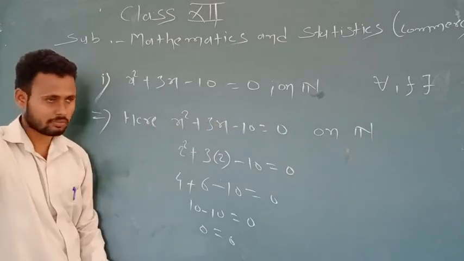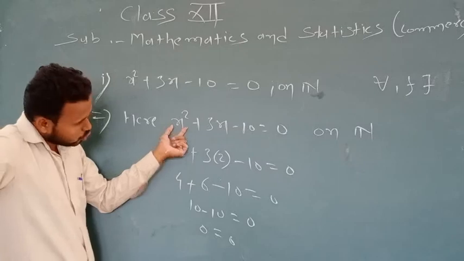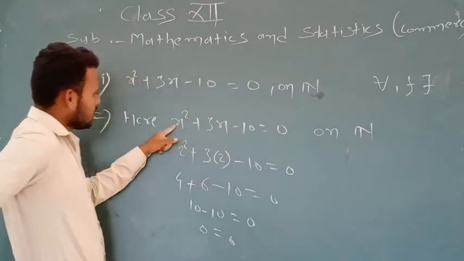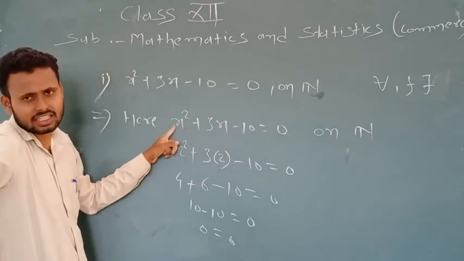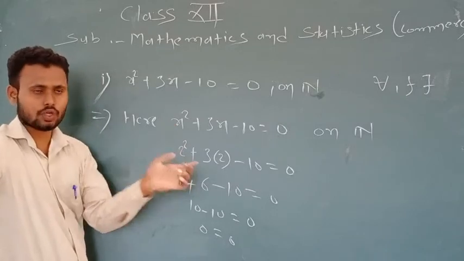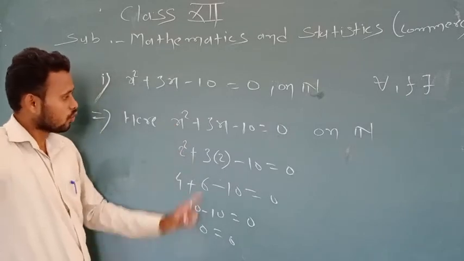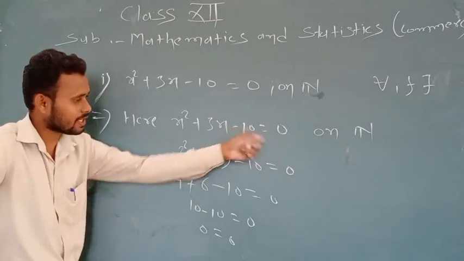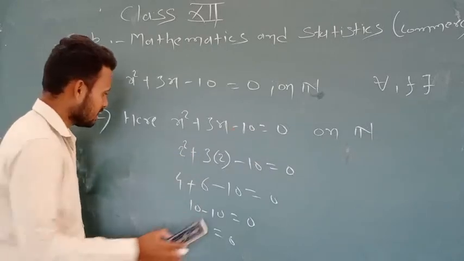x belongs to natural number, but 2 सोडून जर दुसरा कोणताही नॅचरल नंबर इथे घेतला तर इक्वेशन सॅटिस्फाईड होत नाही. Means there are infinite natural numbers, 1 up to and so on. Among that only one natural number, 2, satisfies this equation. Therefore we can use here the quantifier there exists.